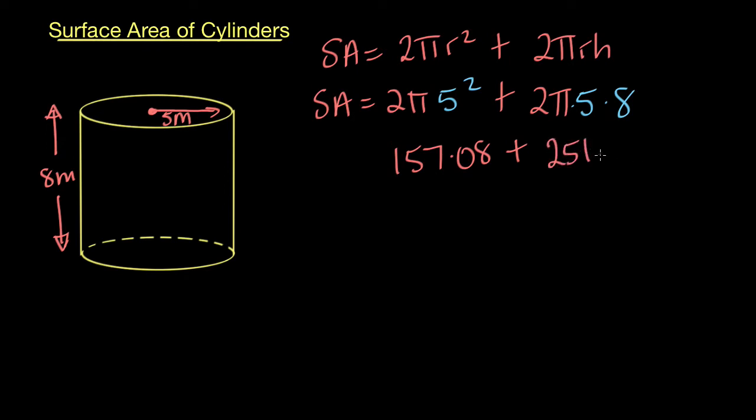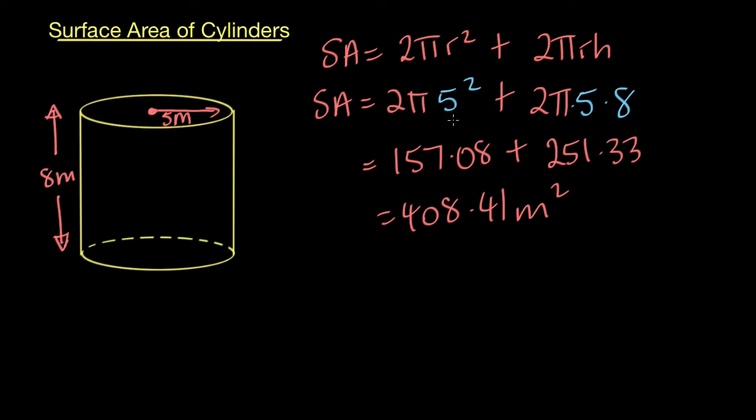But we need to make sure we add all of these together in one calculation, because otherwise you get rounding errors. We start dropping off these decimals and you don't want to lose those. So our final answer should come to 408.41 meters squared. So that is the amount of surface area on this object.